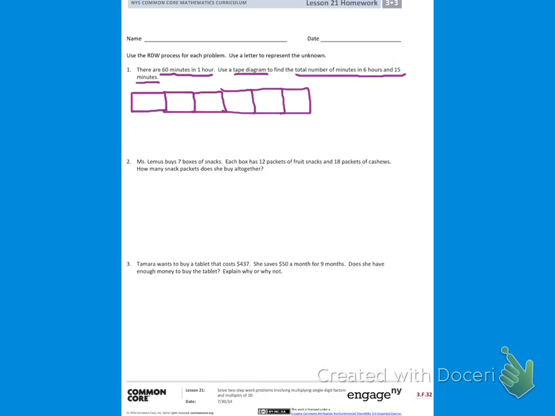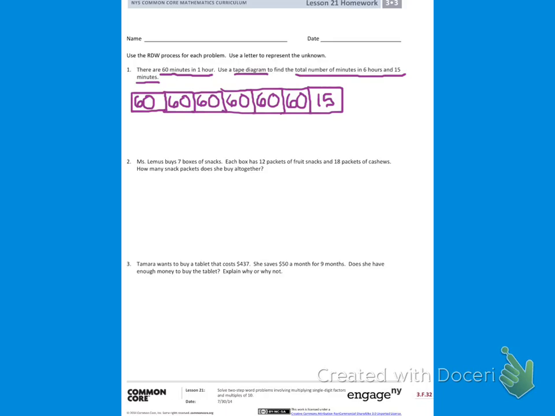Remember, each hour is equivalent to 60 minutes, so I'll put a 60 in each section of my tape diagram. Now my picture shows 6 hours, but I need to add another section to my tape diagram, and that will be the 15 minutes.